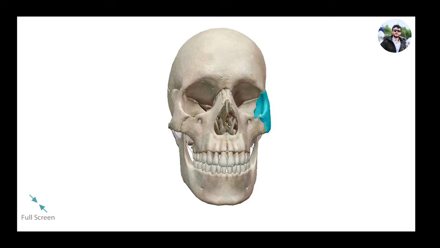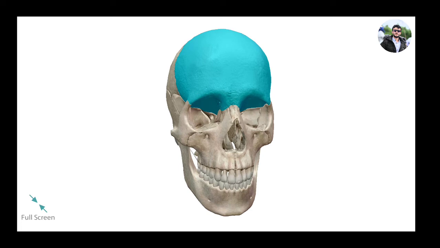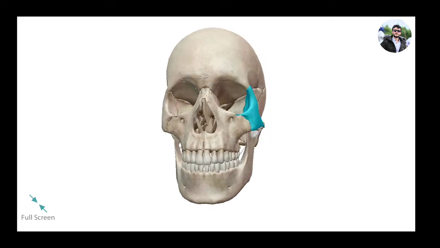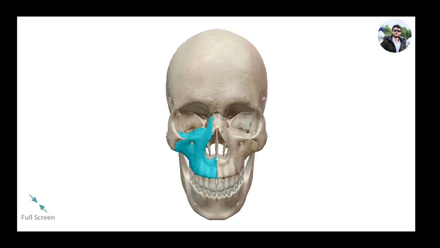So if we collect, there is the frontal bone, and below it there are 2 zygomatic bones, and near the zygomatic bones there are 2 maxillary bones. The maxillary bones connect superiorly with 2 small bones called the nasal bones.